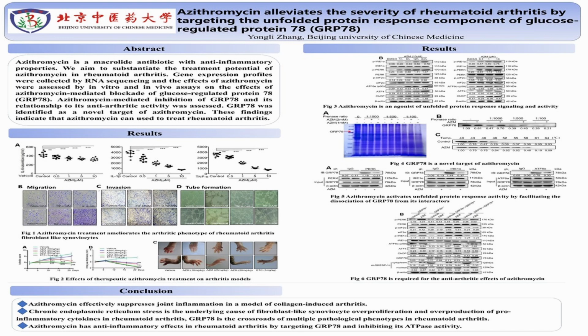Co-immunoprecipitation experiments suggest that azithromycin inhibits the activity of GRP7H, thereby inducing ER stress and activating SREBP-mediated cholesterol and lipid metabolism.